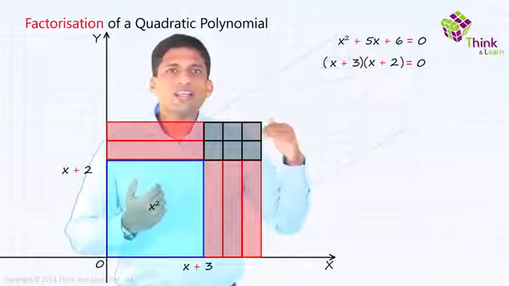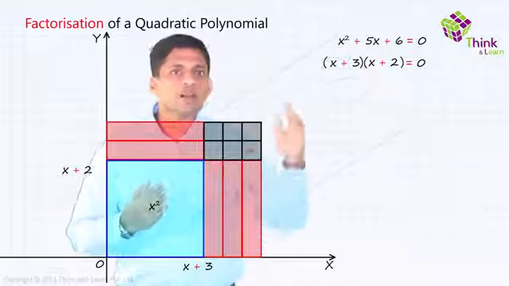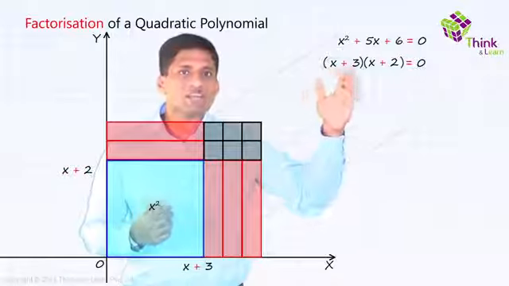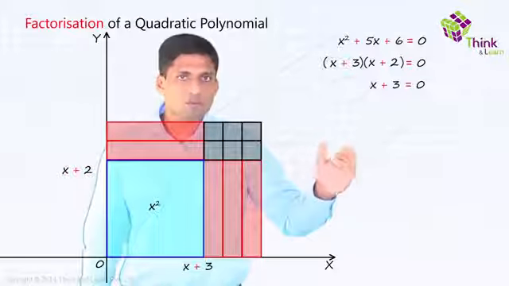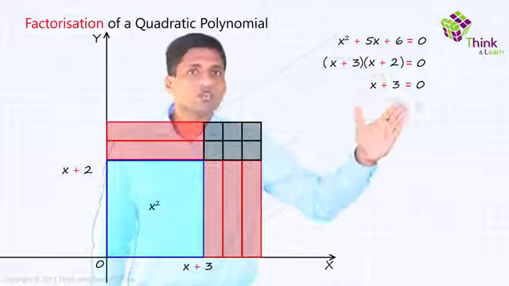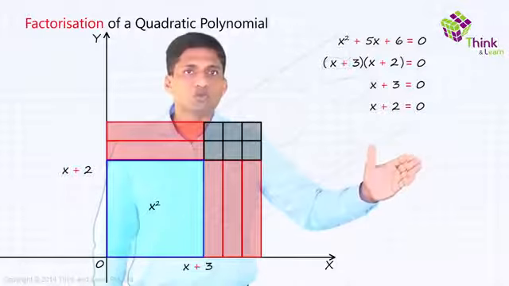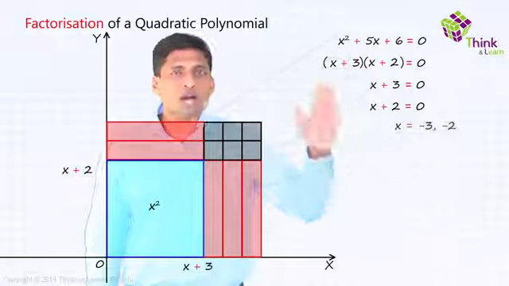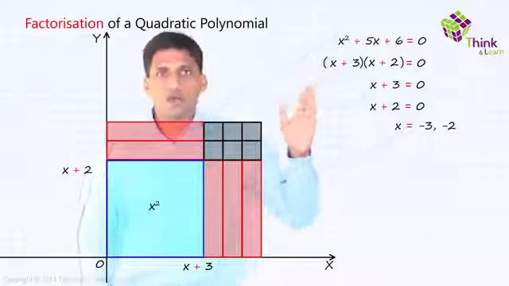So you can make the area of this rectangle 0 either by making length equal to 0, that is x plus 3 equal to 0 or x equal to minus 3, or by breadth equal to 0, which is x plus 2 equal to 0, where x will be equal to minus 2. So minus 3 and minus 2 are the roots of this quadratic equation.